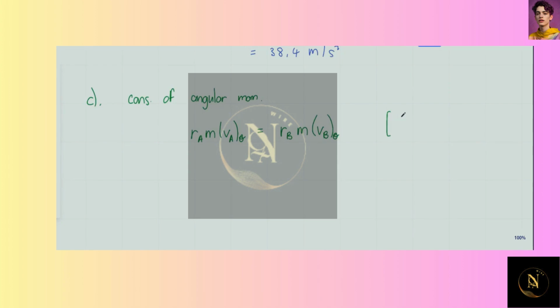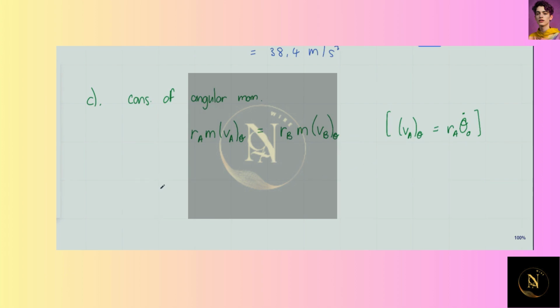And remember that the theta component of VA is equal to RA times theta dot naught, the initial angular speed.